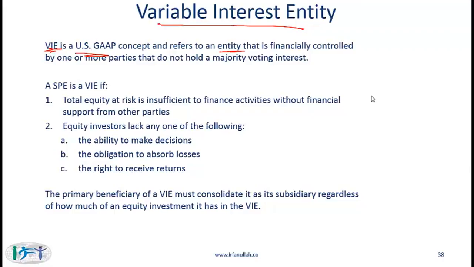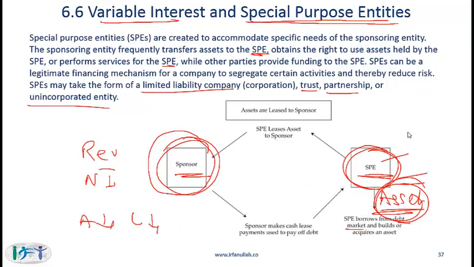So an SPE could be a variable interest entity. Notice in the previous example, if most of the funding is coming from external sources, the sponsor doesn't have a majority interest in the SPE, but the sponsor does control and benefit from the SPE.